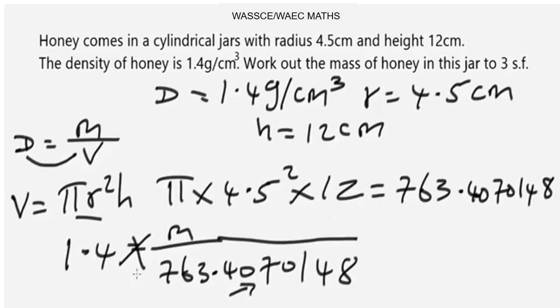Let me punch it in the calculator and see what it's going to give me. When you punch it on the calculator, you're going to have 1068.769821. But remember, we have to leave our answer to 3 significant figures.